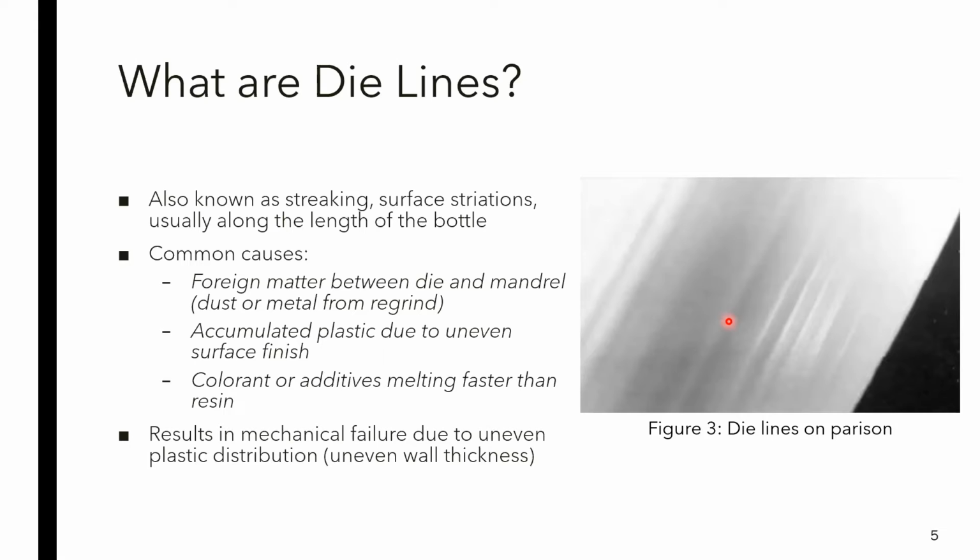And colorant or additives melting faster than resin. Due to the dynamic nature of plastic production, sometimes you won't get resins from the same manufacturer all the time, and similarly, you won't get colorant or additives from the same manufacturer all the time.